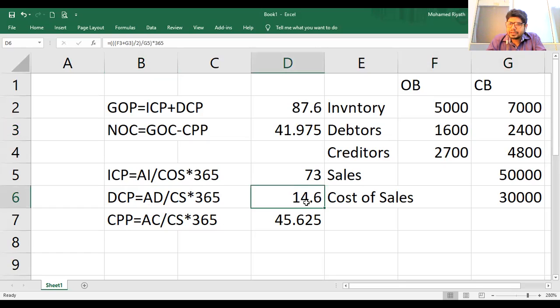This year's sales is 50,000. Don't we have to add 1,600 and subtract 2,400 to calculate this year's credit sales? No. Did you study the cash budget in other subjects?